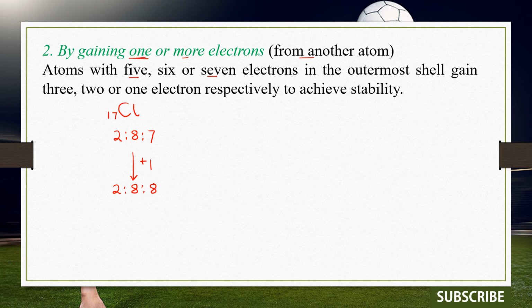And because it now has 8 electrons in the outermost energy level, this is identical or similar to the electronic configurations of noble gases. So atoms that have 5, 6, 7 electrons in the outermost energy level, like chlorine has 7, can gain 3, 2, or 1 respectively to attain stability.